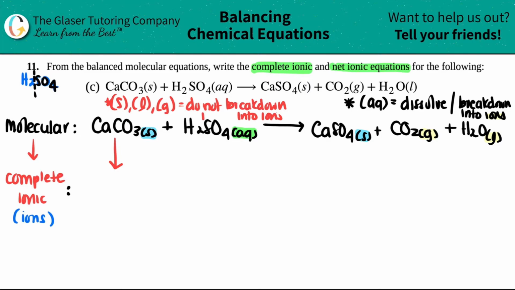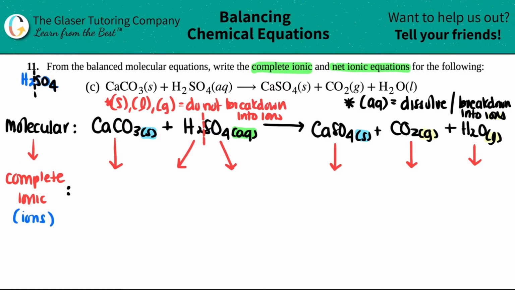So if I break this, hydrogen is going one way, and the sulfate, SO4, is going the other way. Now, if I look over here, CaSO4 is a solid, so I can't do anything with that. CO2 is a gas. Gases don't break down. And H2O is a liquid, so I can't do anything with that. The only thing that I could break down in this equation is the H2SO4. So, let's just write it out.